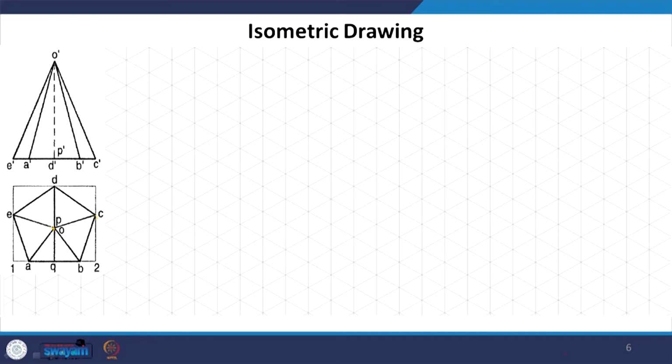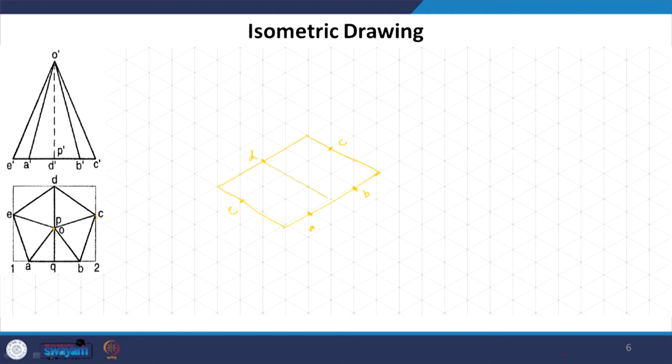And now we know that this is in the base. So, what we will do? We will simply make this base. So, we will arrive at these points. So, this is A, B, C, D and E, and now we also have this point O.